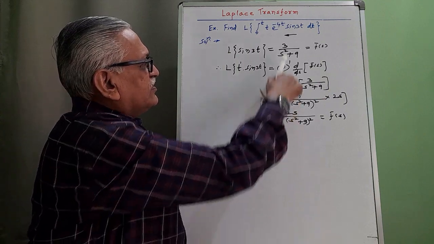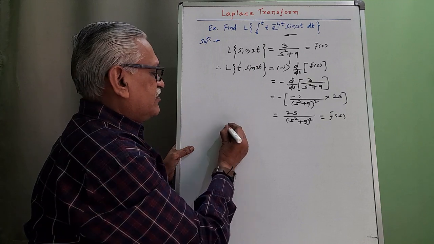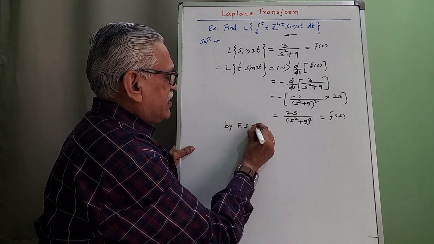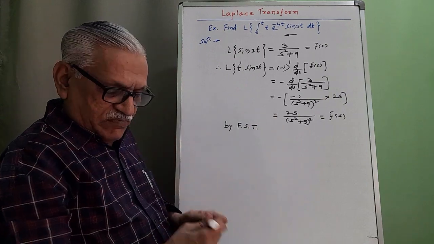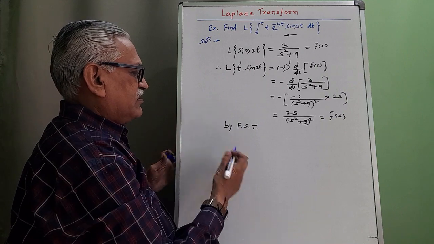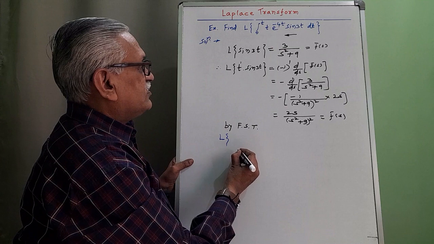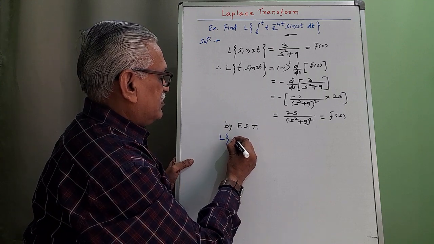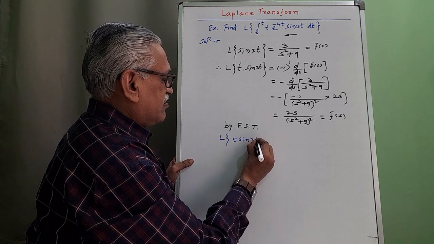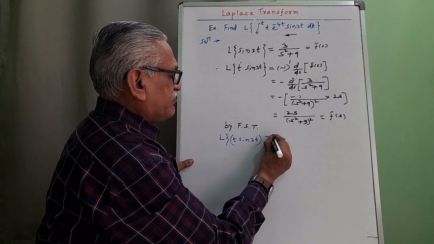Then we apply that first shifting theorem. By applying first shifting theorem, the Laplace transform of t sine 3t, this function is multiplied by e raised to minus 4t.